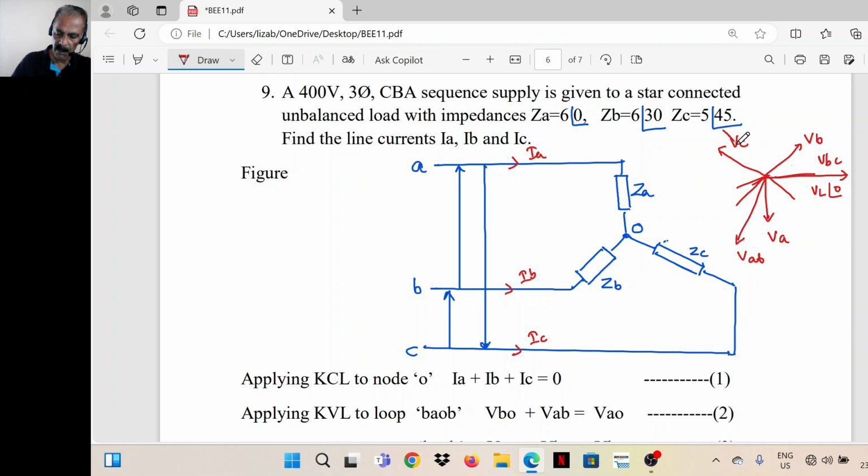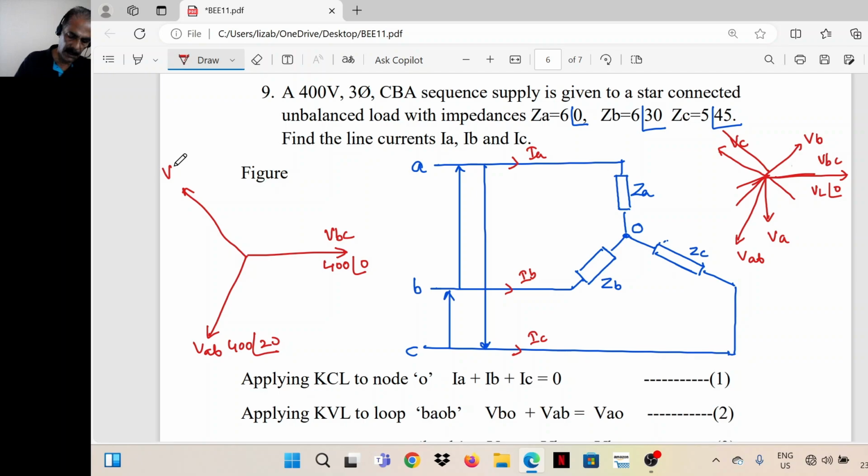Then VCA will come here. So we can write down, this is VBC. It is 400 angle 0. VAB, 400 angle 240. This is 120, so the positive angle is 240.